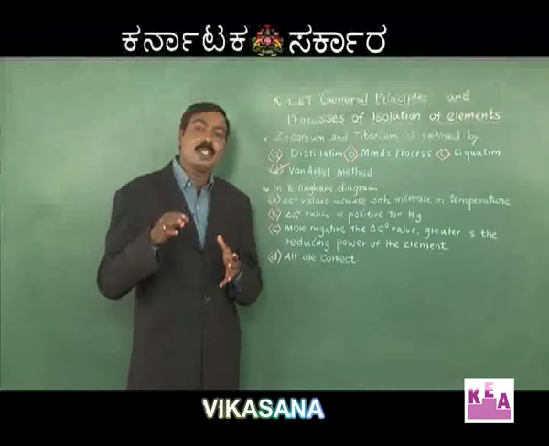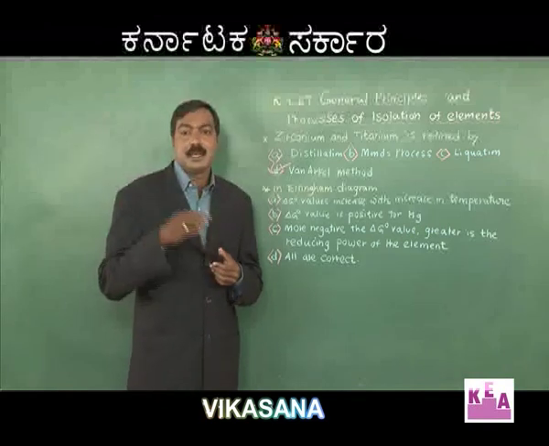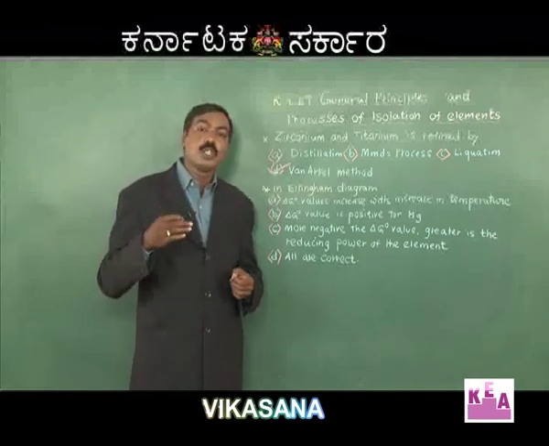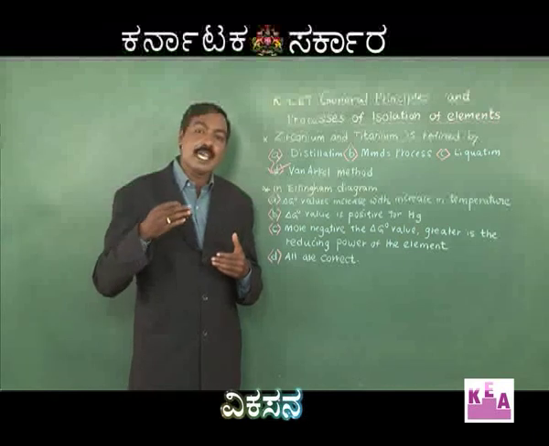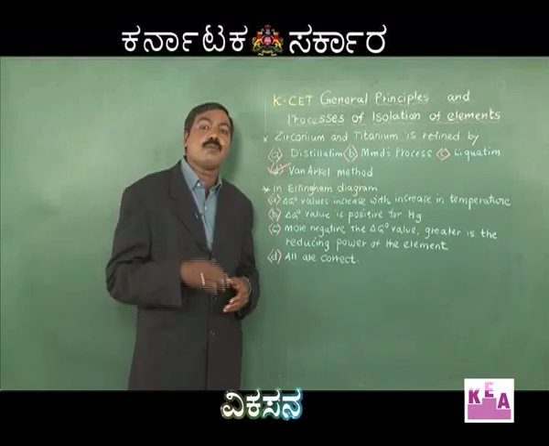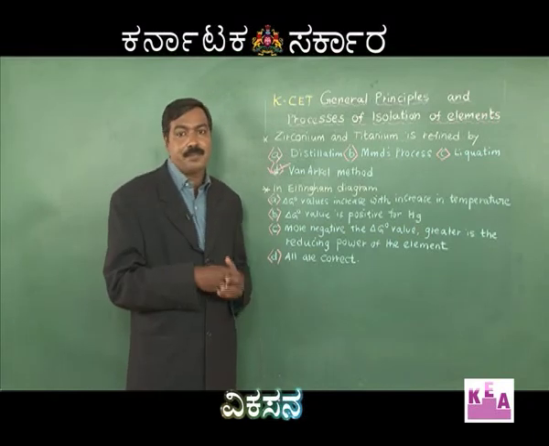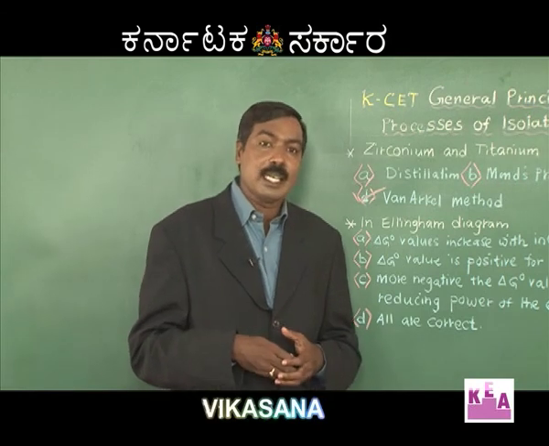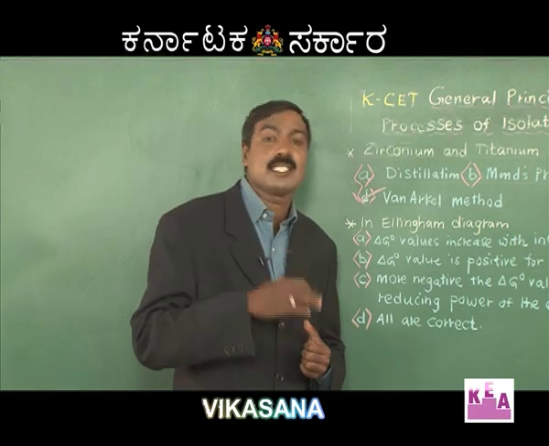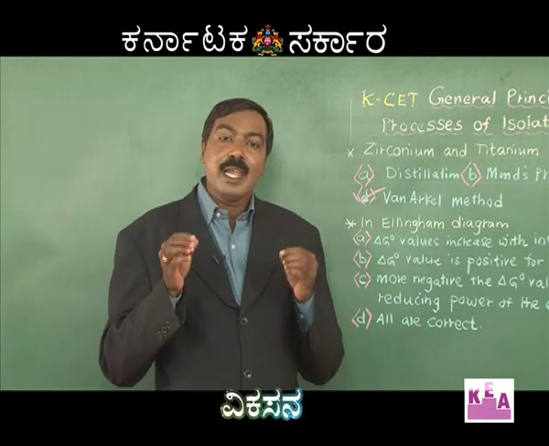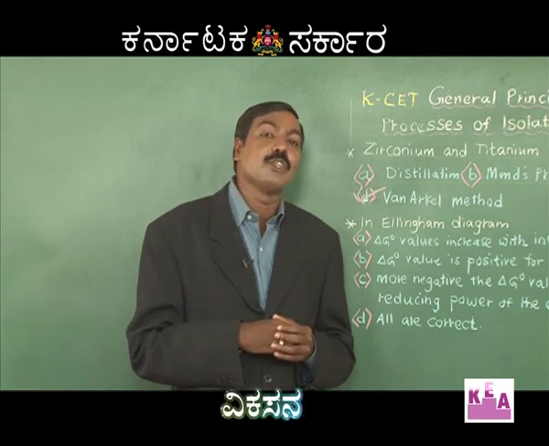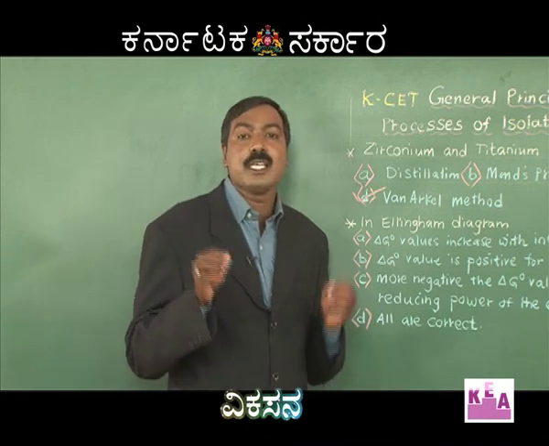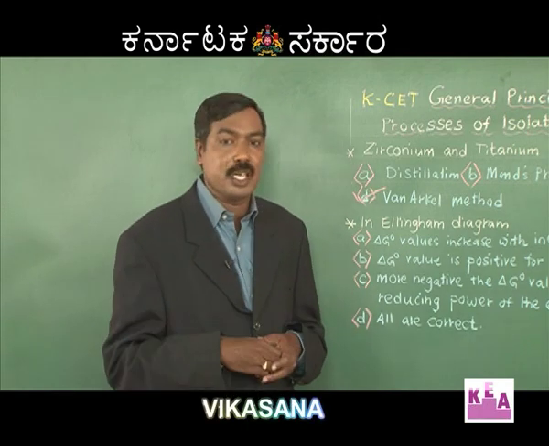It is used to select the best and the most suitable reducing agent for the reduction of metal oxides into metal. Using Ellingham's diagram, we come to know that it is not only carbon which acts as a reducing agent, but plentiful metals act as reducing agents depending upon the nature of the metal oxide.